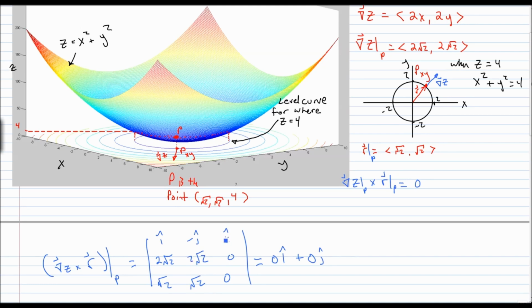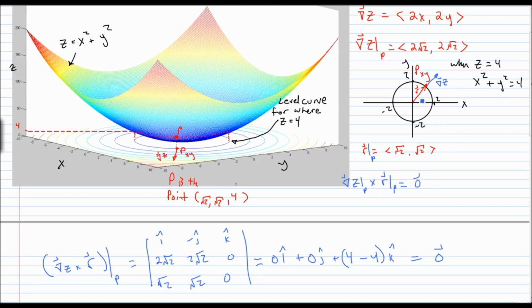And then when I compute the component of this guy in the k hat direction, what do I have? I have 2 root 2 times root 2, which is going to be 4. And then I have root 2, or take away, root 2 times 2 root 2, again, which is going to be 4, and that's in the k hat direction. 4 take away 4 is 0. I just get a 0 vector here, right? So maybe I should have written that.